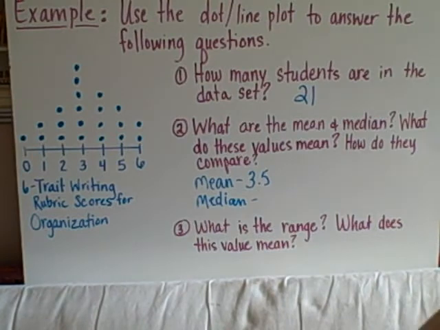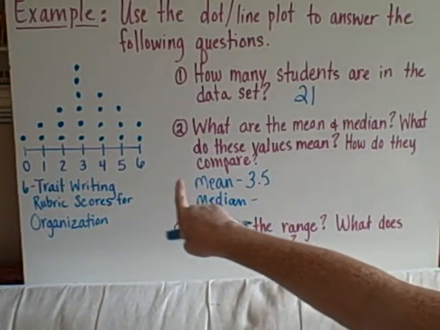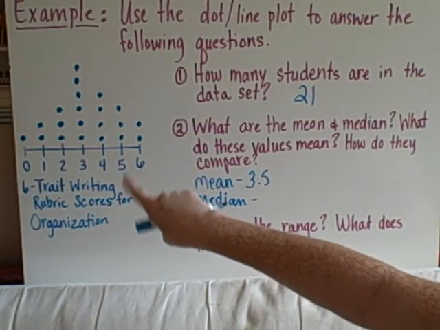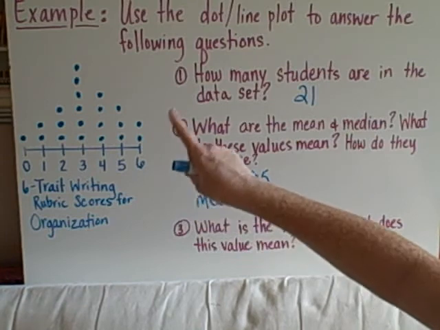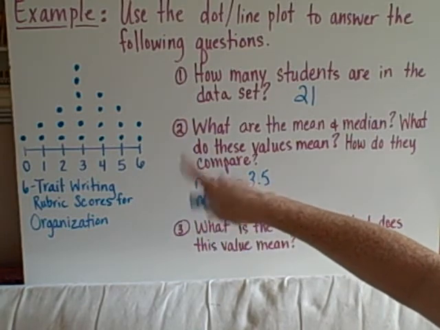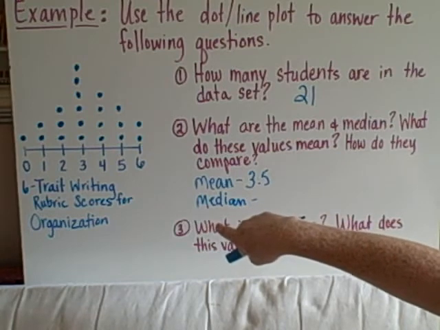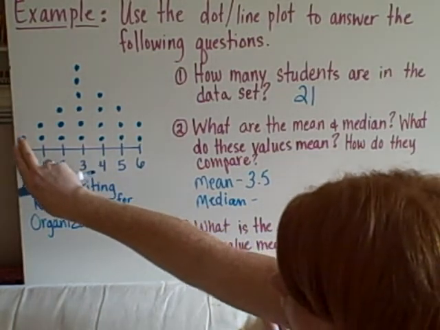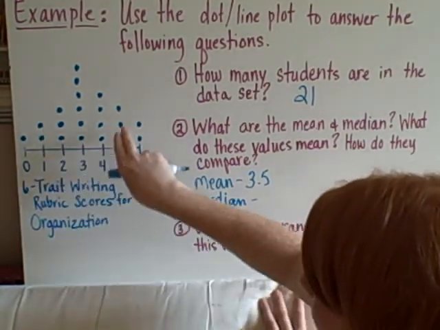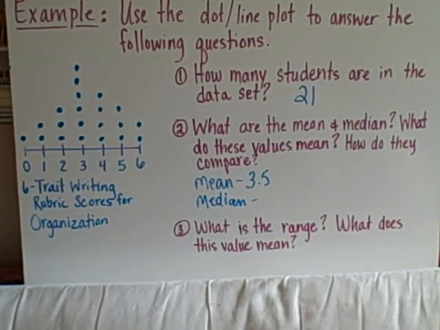In our median, there are lots of ways that you could do this. Remember, I said it needed to be organized from least to greatest. In this case, if I wanted to write it all out, I could have 1 0, 2 1s, 3 2s, 6 3s, 4 4s, 3 5s, and 2 6s. Or I could work backwards, sort of marking out the dots as I come across them until I get to the one that's right in the middle.